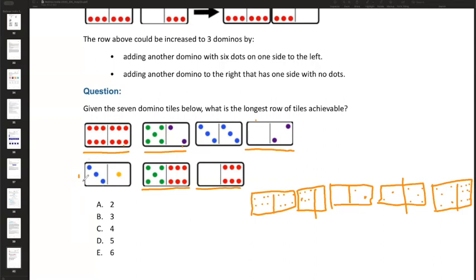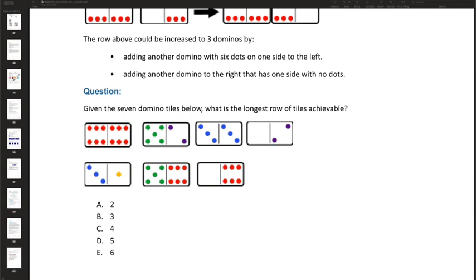The only dominoes left are 3 and 1 dot dominoes. That means the longest possible chain is 5. That's why the answer is D. So the answer is D.